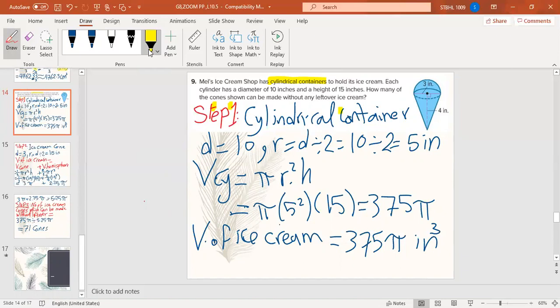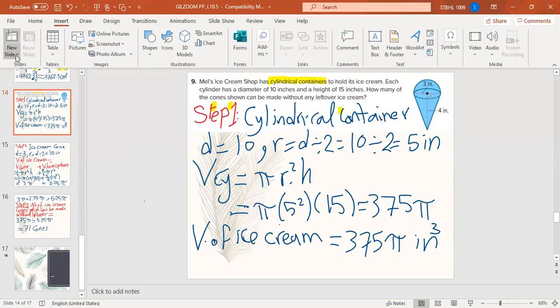I read it again. Mel's ice cream shop has a cylindrical container. Is the cylindrical container here in the figure? No, teacher. The cylindrical container is not here. I want to show this part.